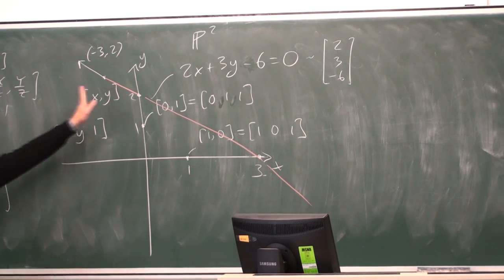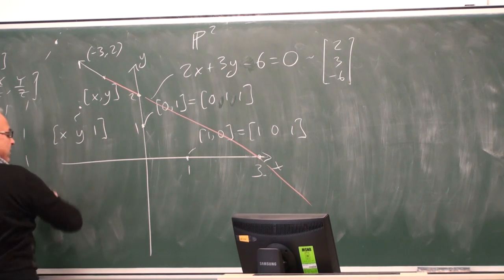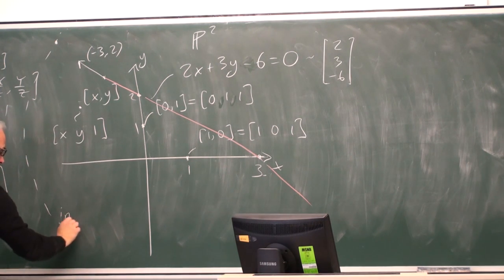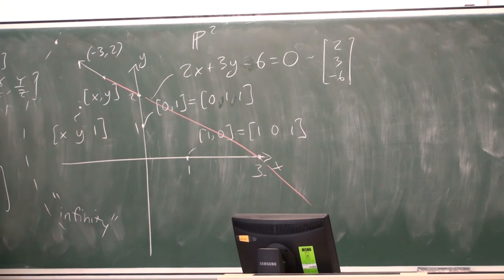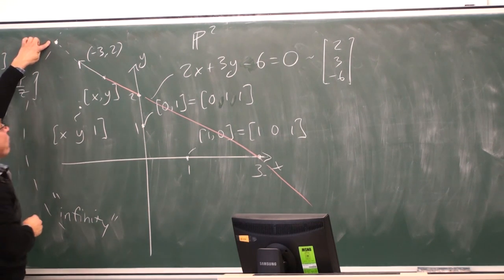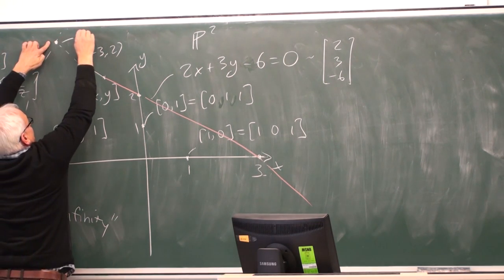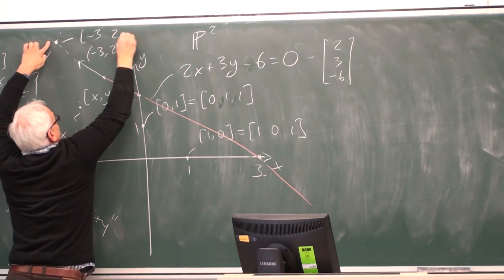If we go in that direction and we get to the point at infinity, here's infinity, then this point in this direction is going to have coordinates. It's a point, so it has row coordinates, minus 3, 2, and 0.